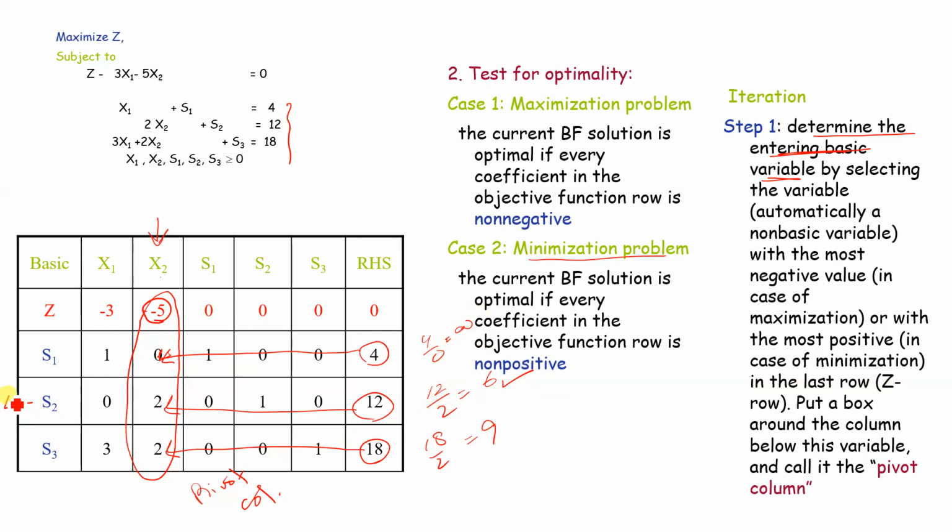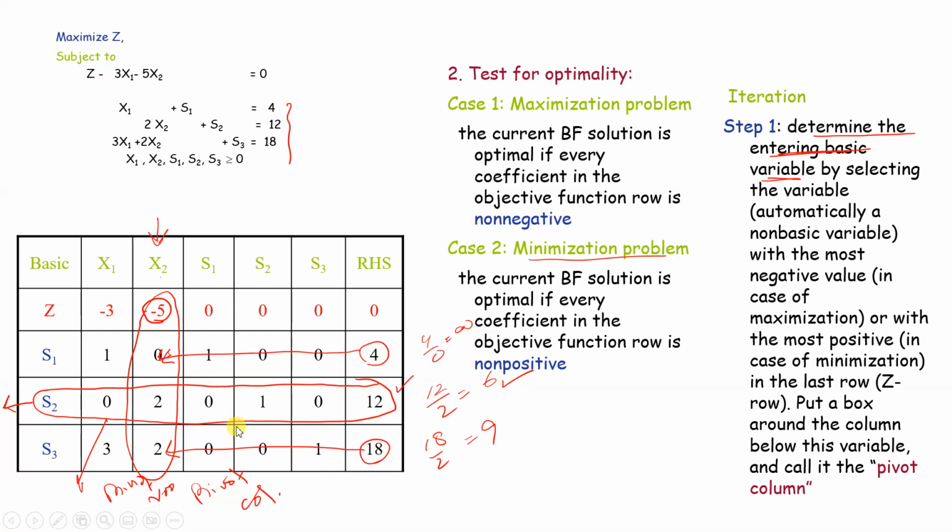So S2 will leave the basic solution, and x2 will enter as a basic variable. Now, in order to find the new table with the new basic solution, we have to do a process. This row is called the pivot row.